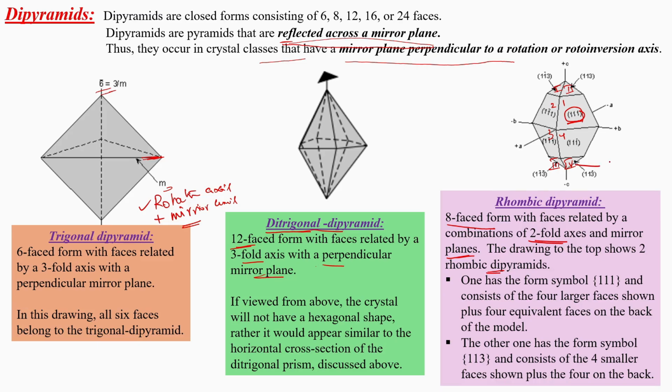So this is one set and all the others are another set. So we will find two different sets of 8 similar faces. So it is a rhombic tripyramidal.